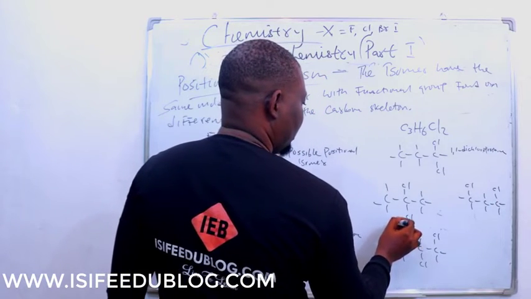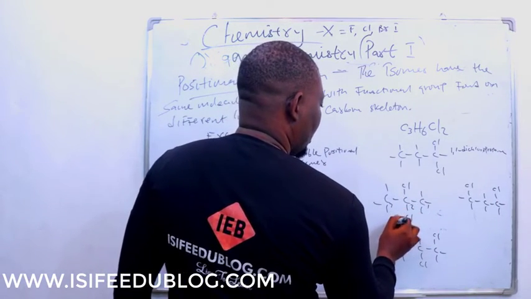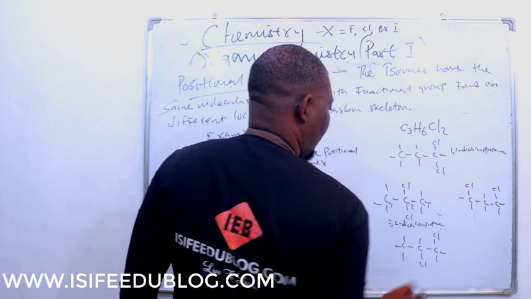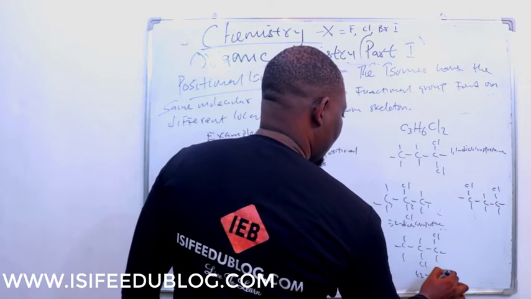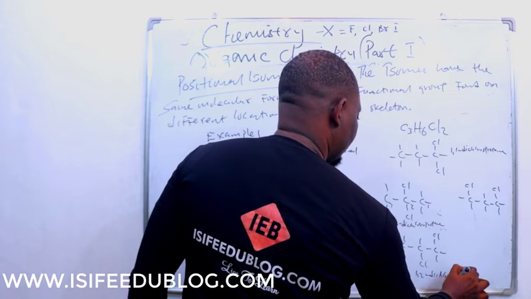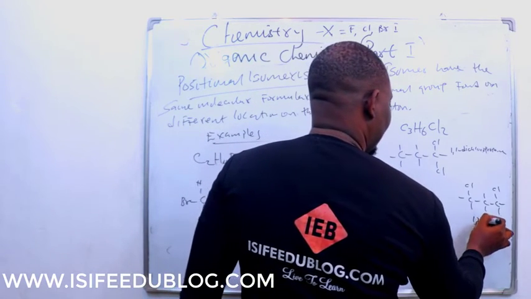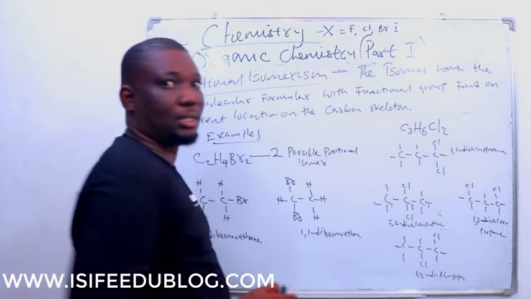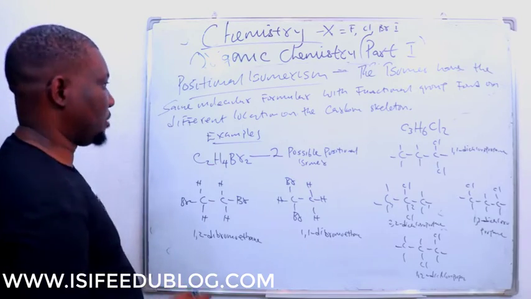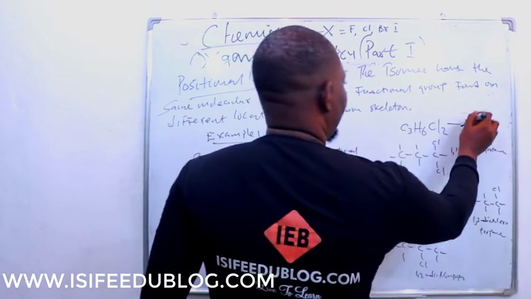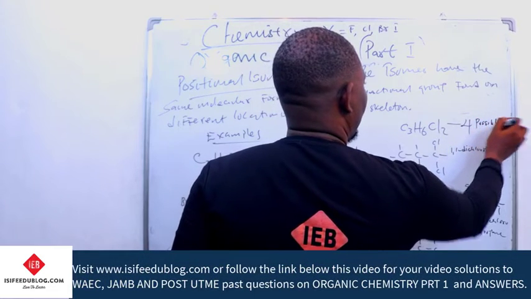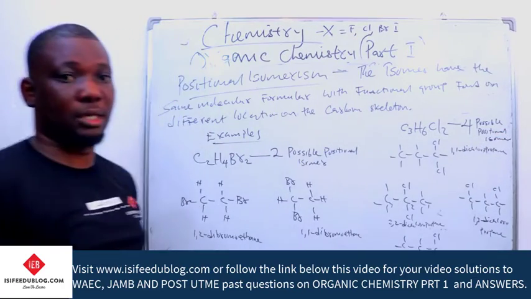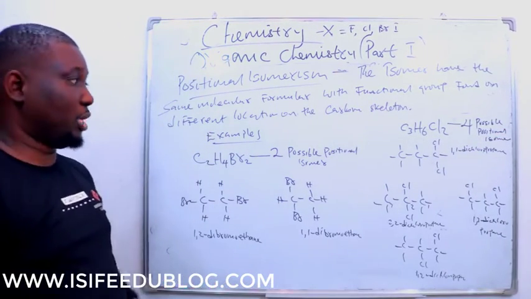Second one is 2,2-dichloropropane. Then 1,2-dichloropropane. And this one is 1,3-dichloropropane. So it does appear that this organic compound will have just 4 possible positional isomers.